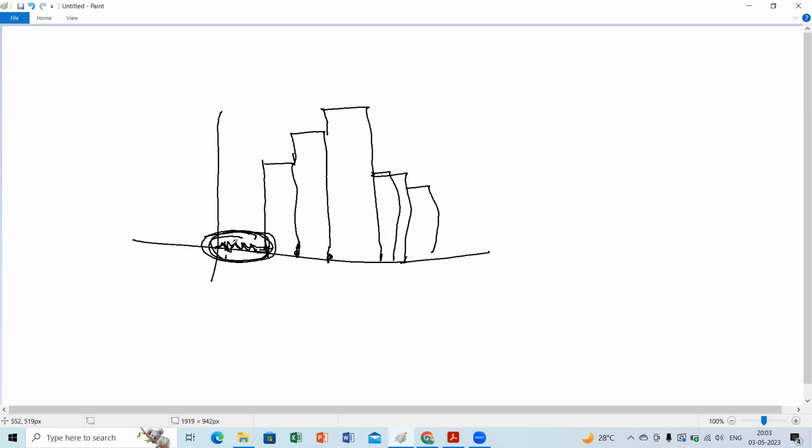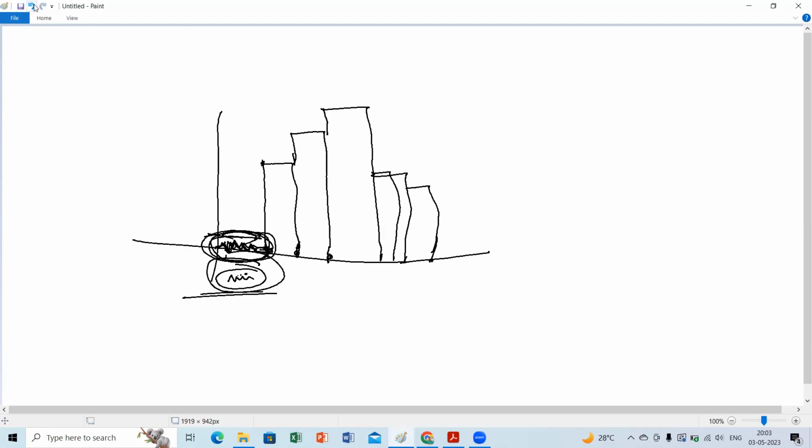This zigzag line we mention because we are not aware of this data. We are taking from this part to this part. That's why we use this zigzag line to represent that. It has a name too, children, but I forgot. I'll let you know the name also. This is how a histogram looks.